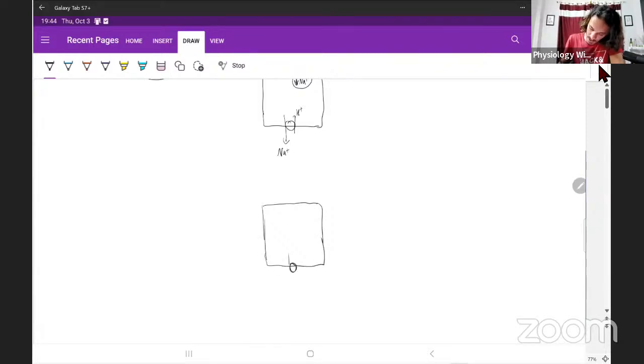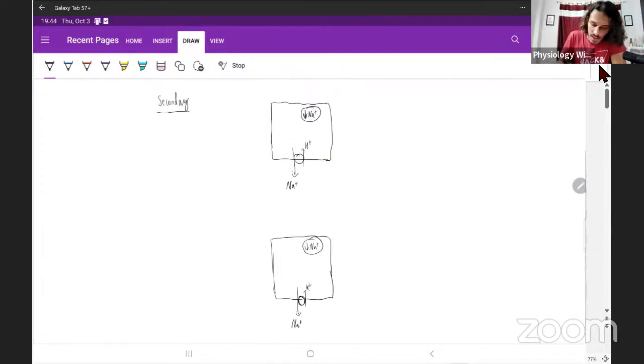Another sodium potassium ATPase: sodium is going out, potassium is coming in, which will make sodium inside lesser. Now I'll just open up a channel here, which is for sodium transportation. So sodium outside became higher.